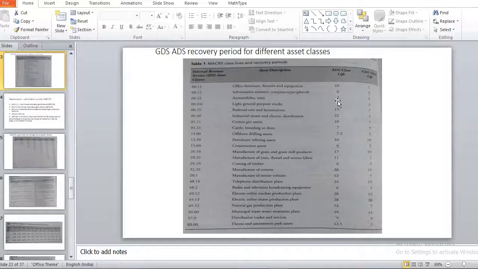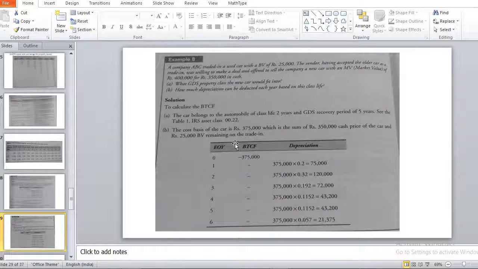ADS class life is 2 years, GDS class life is 5 years, and class code is 00.22. The GDS recovery period is 5 years.